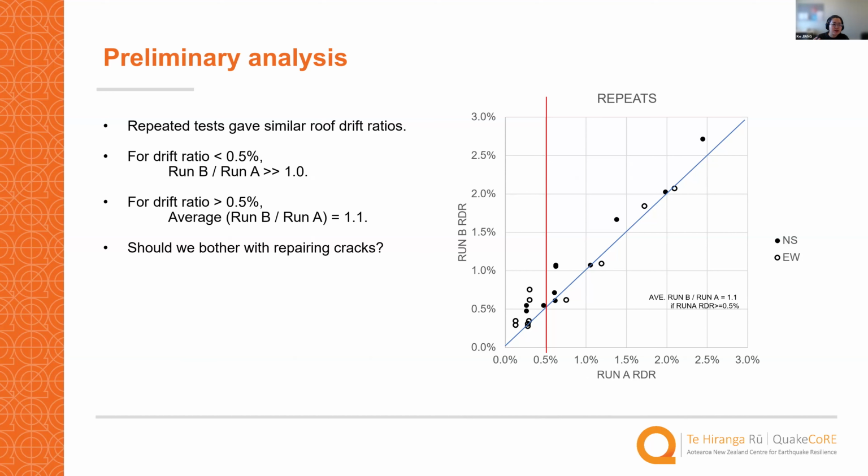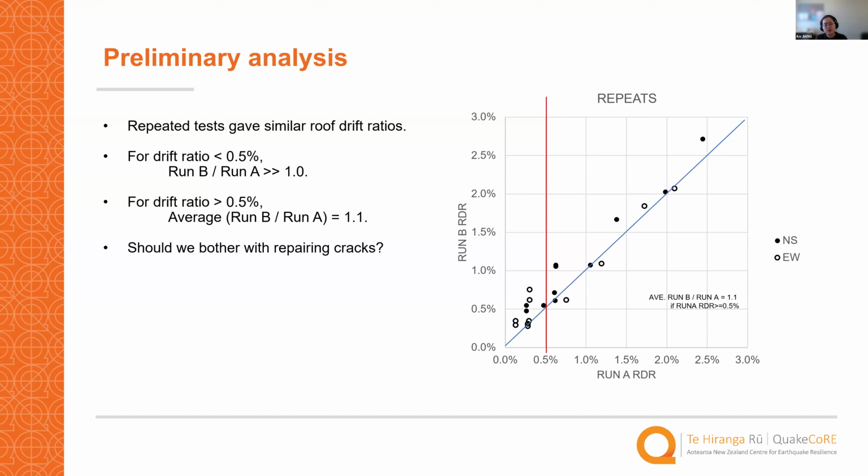The repeated test gives quite similar roof drift ratios in run A and run B. For small drift ratios, smaller than 0.5%, the ratio between run B and run A is a bit large at the initial stage. That is because in run A the building is in perfect shape, and at run B there are some cracks formed on the building, so it lost some stiffness.